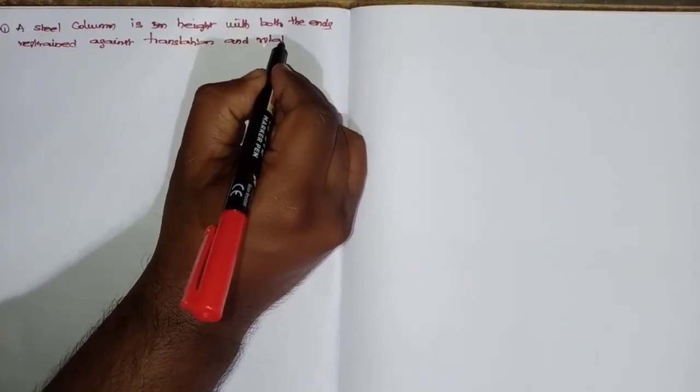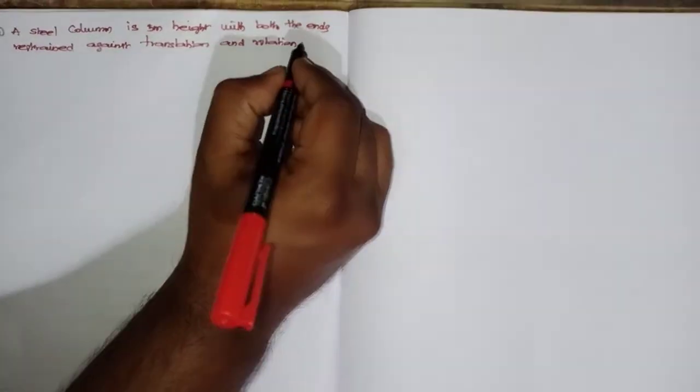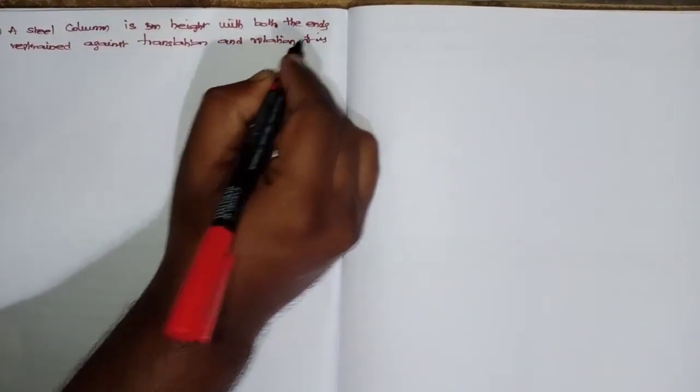As per table number 11, page number 45, if it is restrained against translation and rotation about both the ends, it is nothing but a fixed end. Okay, both ends fixed.